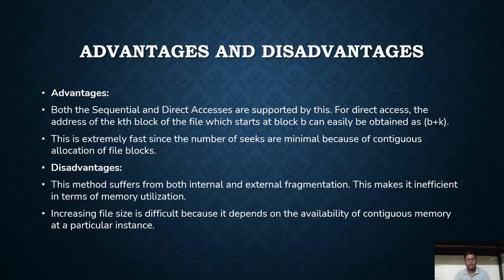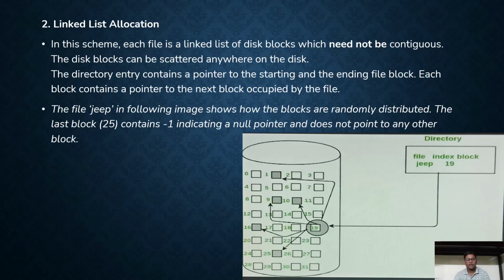Disadvantage: this method suffers from both internal and external fragmentation. This makes it inefficient in terms of memory utilization. Increasing file size is difficult because it depends on the availability of contiguous memory at a particular instance.